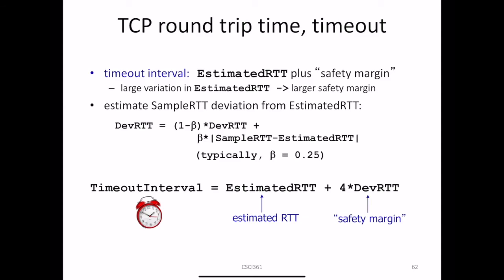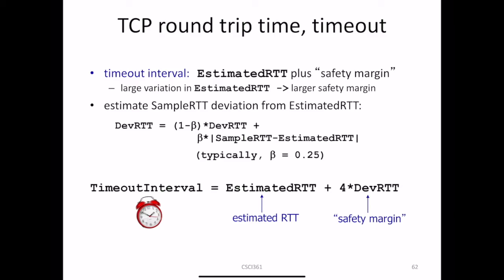Our final goal is to calculate the timeout interval. In the previous slides, we learned that the timeout interval should be a little bit longer than the round trip time. Since we already know the estimated round trip time, to calculate the timeout interval we need the estimated round trip time plus a safety margin.